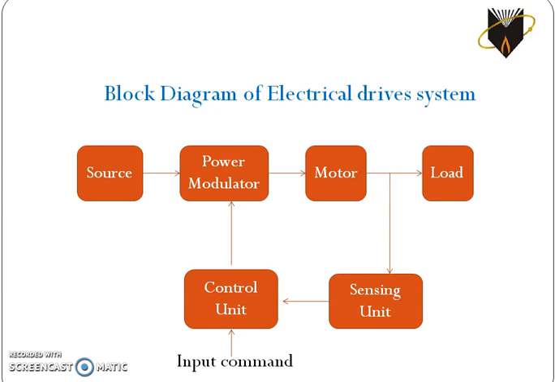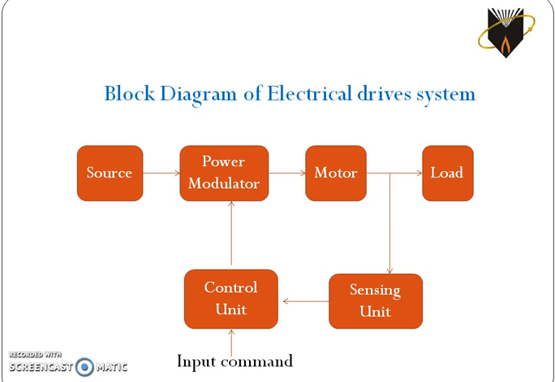Next, the control unit is required. The control unit is required to control the power modulator, because the power modulator has the converters. The converters may have transistors also. A transistor has a gate, and to control the gate, a firing circuit is required. To control that, the control unit is required.